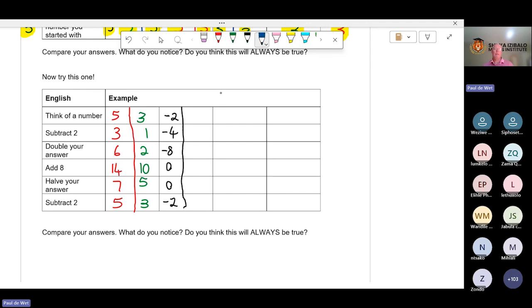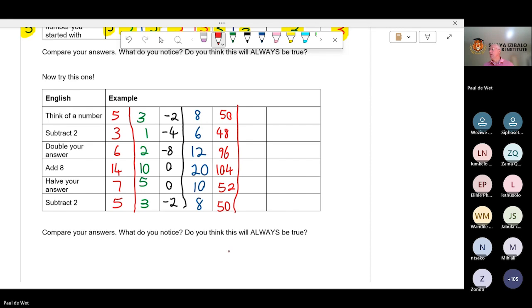How weird is this? So let me try with 8. 8 subtract 2 is 6. Double your answer is 12. Add 8 is 20. Halve your answer, 10. Subtract 2, 8. Back to where we started. Okay, I'll do 50. 50. Subtract 2, 48. Double 48, 96. Add 8, 104. Halve your answer, 52. Subtract 2, 50. This one seems to get back to where you started.